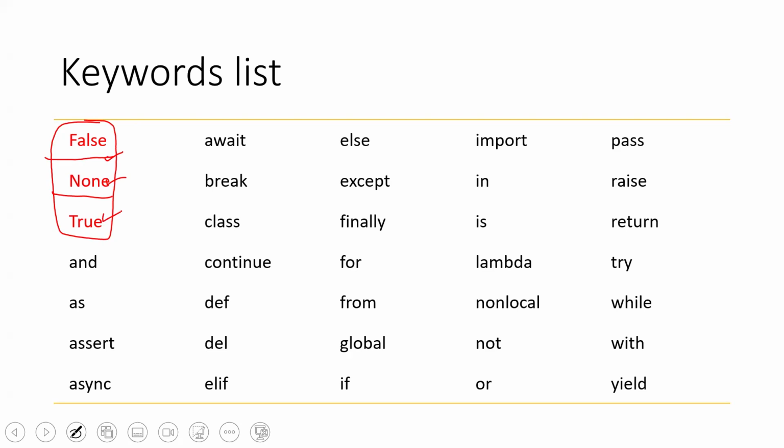For example, can you see the if, elif, else? Basically, these help us to write conditions. Can you see def? It helps us to create our own functions or packages.